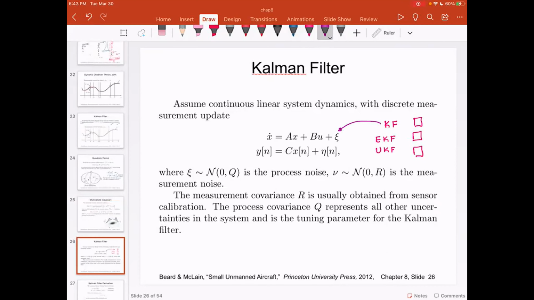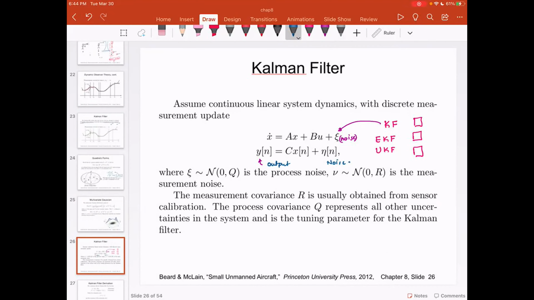In the linear Kalman filter, you have a linear state equation and you have noise. And you have the observation or output that also is noisy. Now, what I want to do is use this observation to come up with some type of estimate.